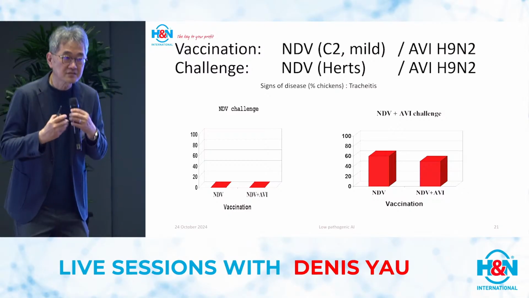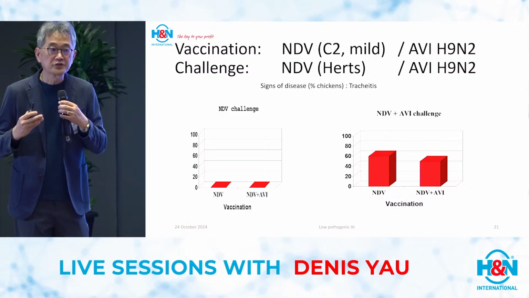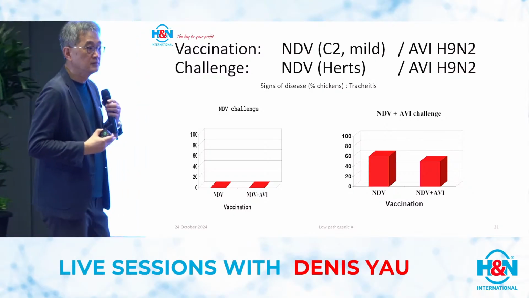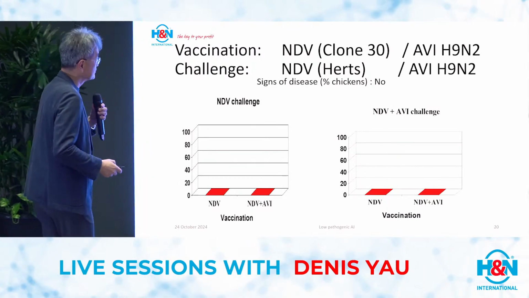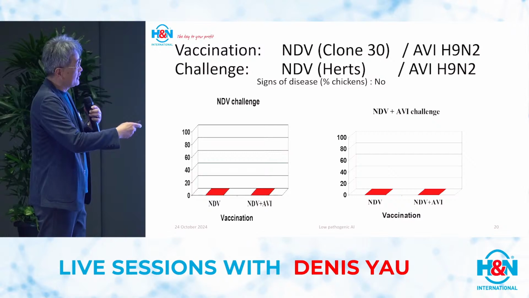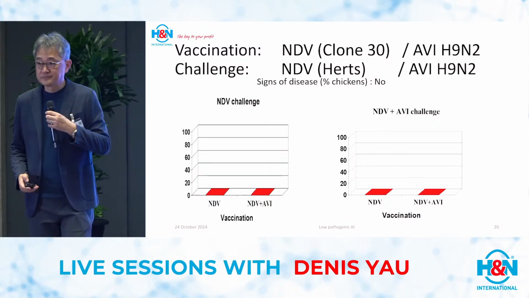So that means your ND vaccination was not done properly. Because when you compare to the last one, if you have a good ND vaccination, you don't see any problem.